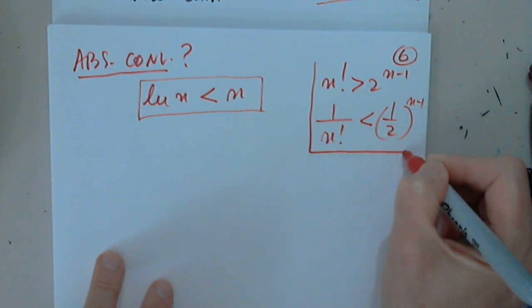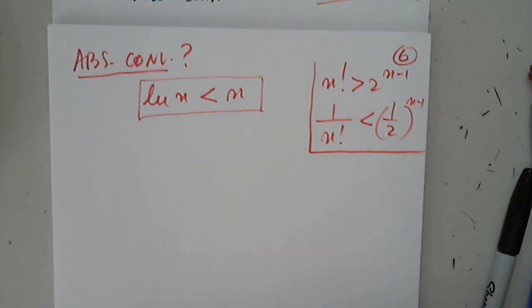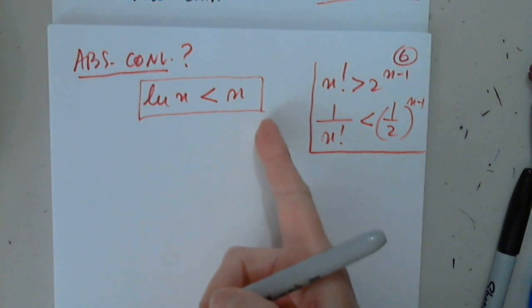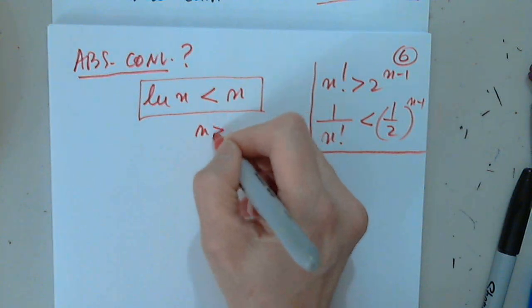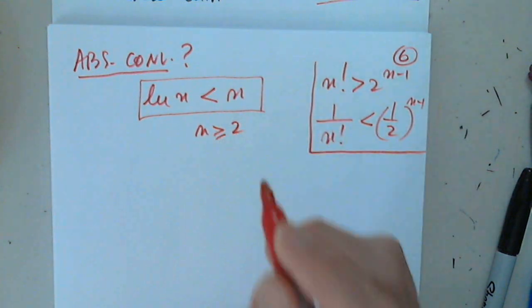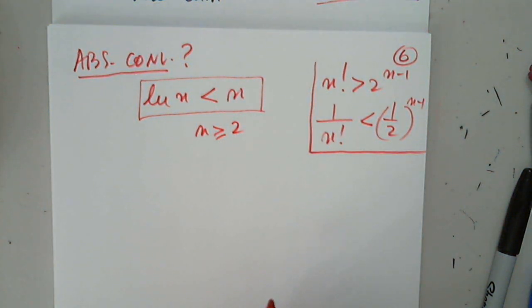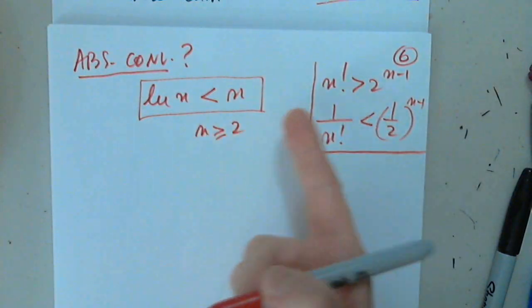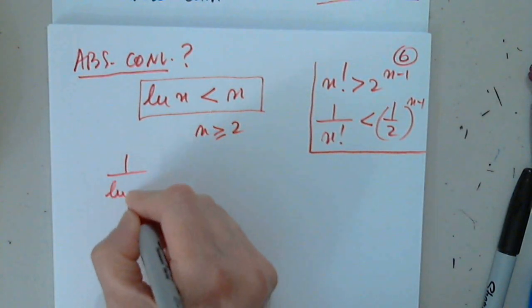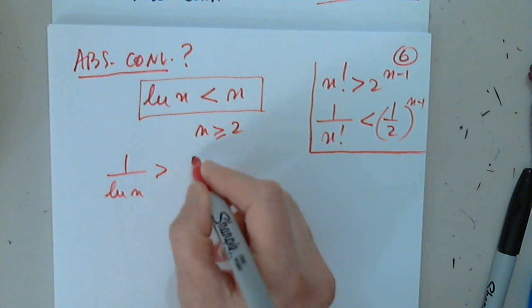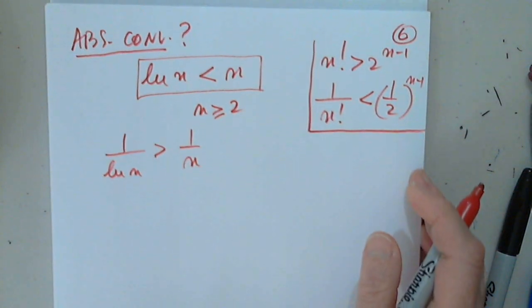We used this in the previous lesson. So please remember that natural log n is less than n, of course, for n greater than or equal to 2. So by the same token, 1 over natural log n is greater than 1 over n.